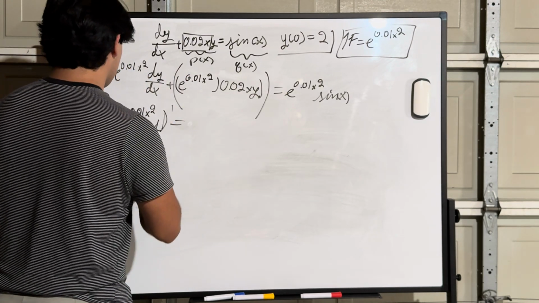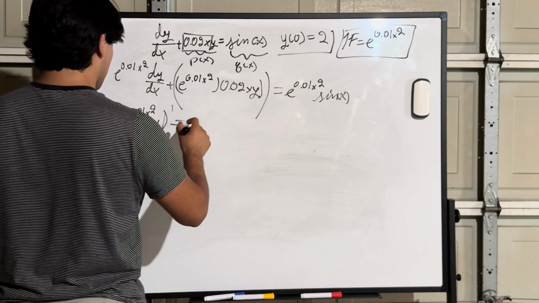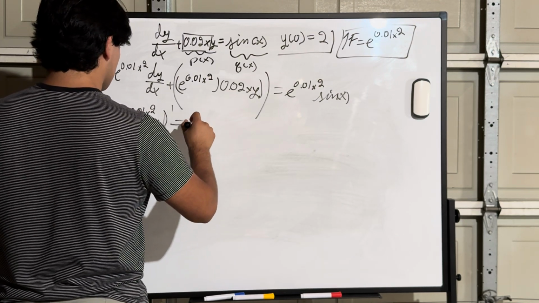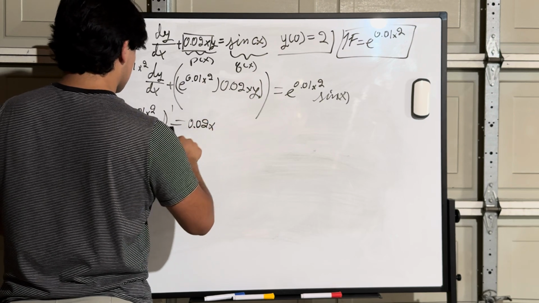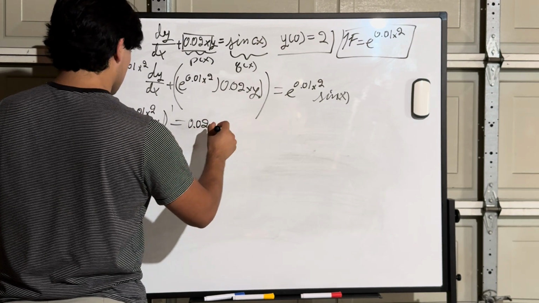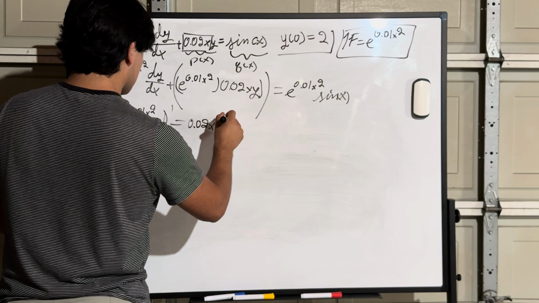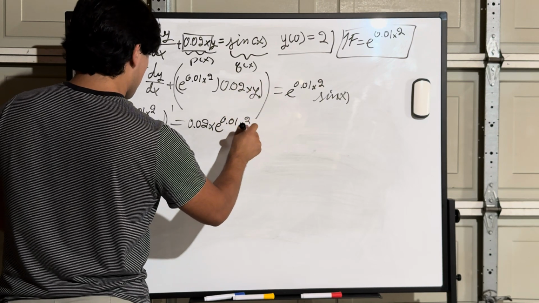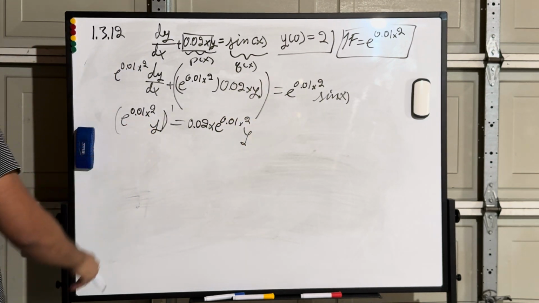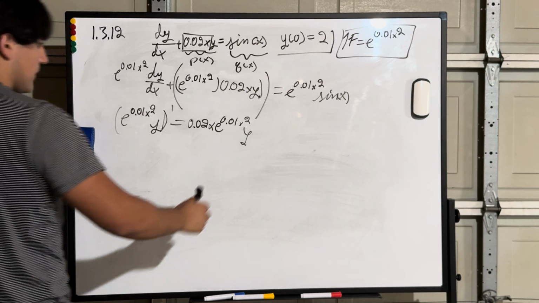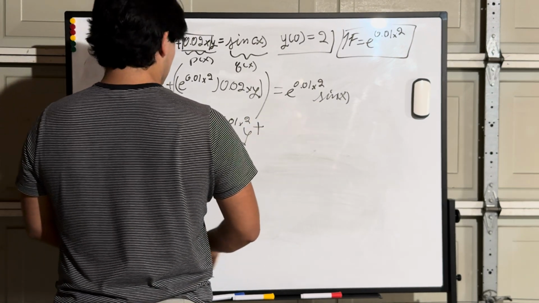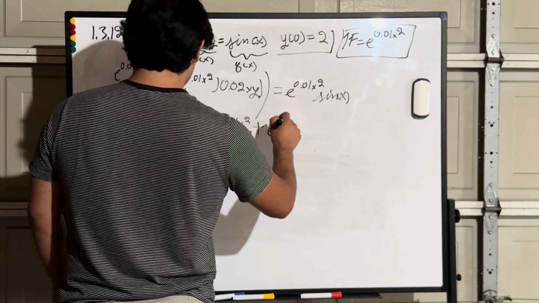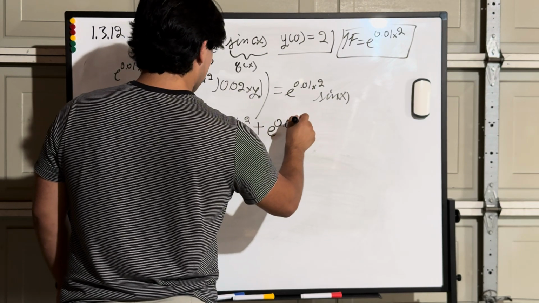So first you do this, 0.02 x times e to the 0.01 x squared y, because remember, and then we have to do the y side of things.